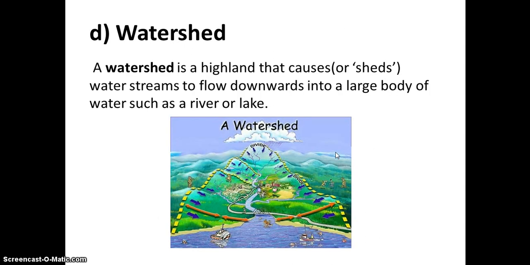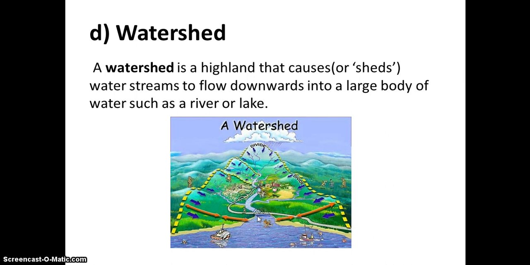All right, now let's talk about a watershed. What is a watershed? If you look at this picture here, you have different rivers. You have this main river, and then you have this raised part of the land which looks like a hill or a mountain, and then you have these rivers flowing into the main river.